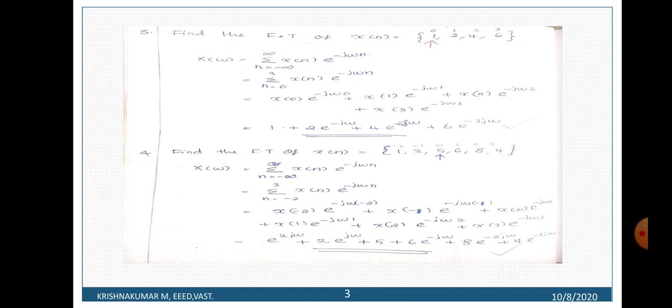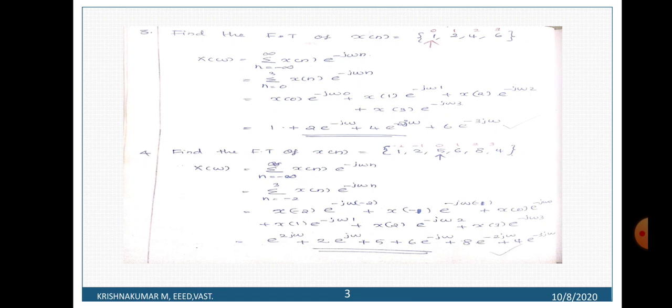Sigma n is equal to minus 2 to 3 x of n e raised to minus j omega n is equal to x of minus 2 e raised to minus j omega into minus 2 plus x of minus 1 into e raised to minus j omega into minus 1 plus x of 0 into e raised to minus j omega 0 plus x of 1 into e raised to minus j omega 1 plus x of 2 e raised to minus j omega 2 plus x of 3 e raised to minus j omega 3. We substitute the value of n from minus 2 to 3 in both places.